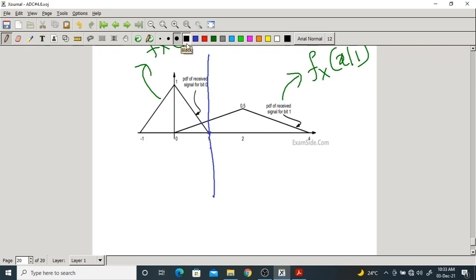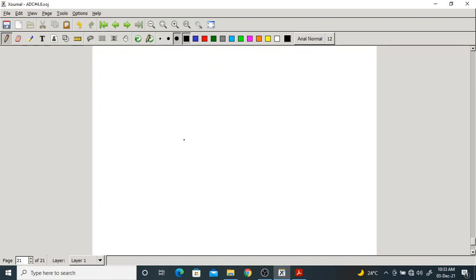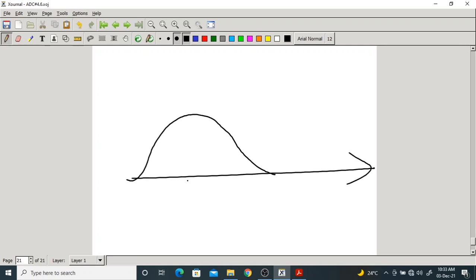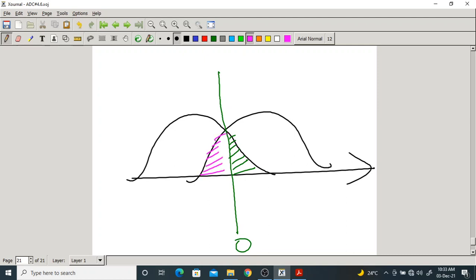If you remember properly, while discussing the probability of error of BPSK, I told you that if you take two PDFs, something like this, and this is the threshold, then this area is one error, and this area is another error.